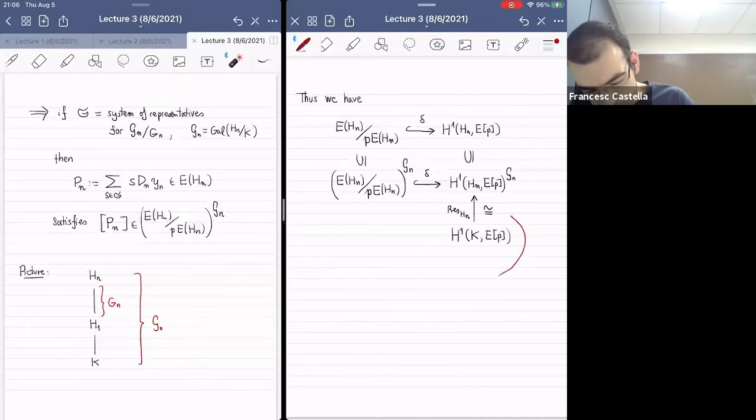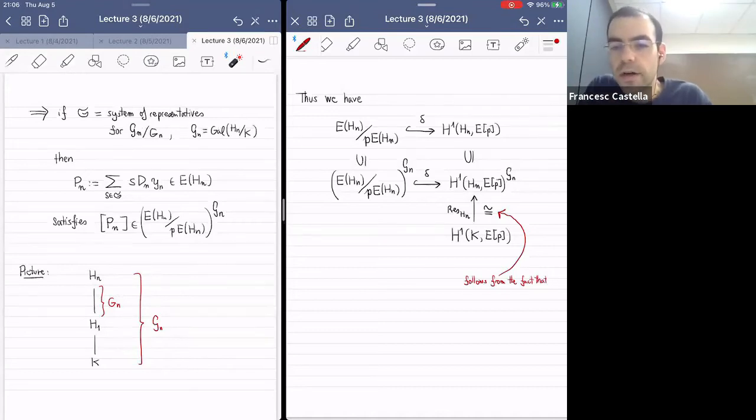Let me say a few words, why is that? This follows from the fact that we don't have any P torsion rational over Hn under our hypothesis on P.